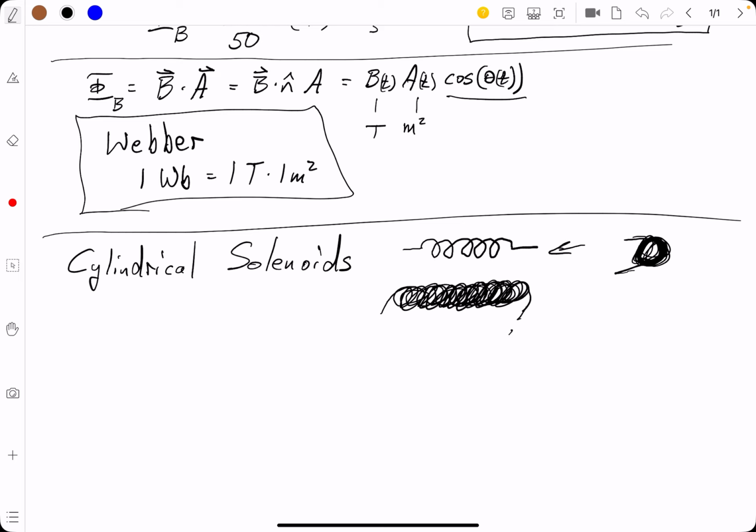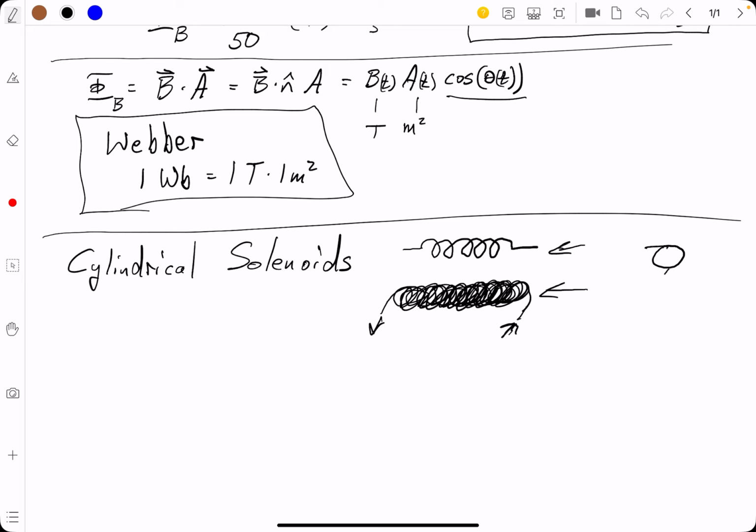So we've got maybe current going in this direction and coming out this direction, and we could be looking down the length of it. Who likes imperfections? Nobody. Me, I guess.